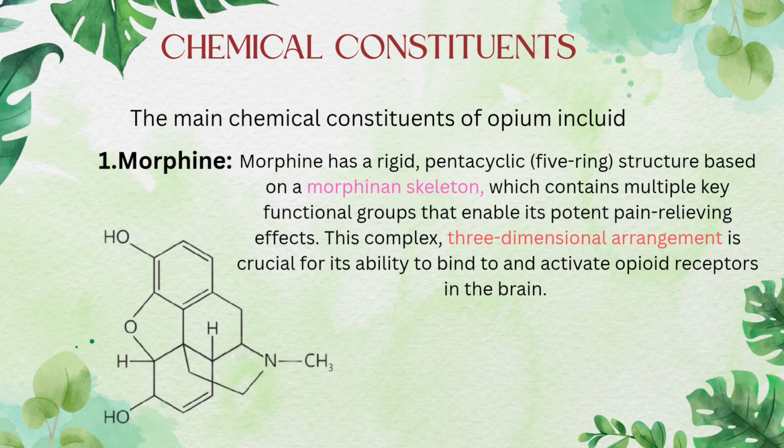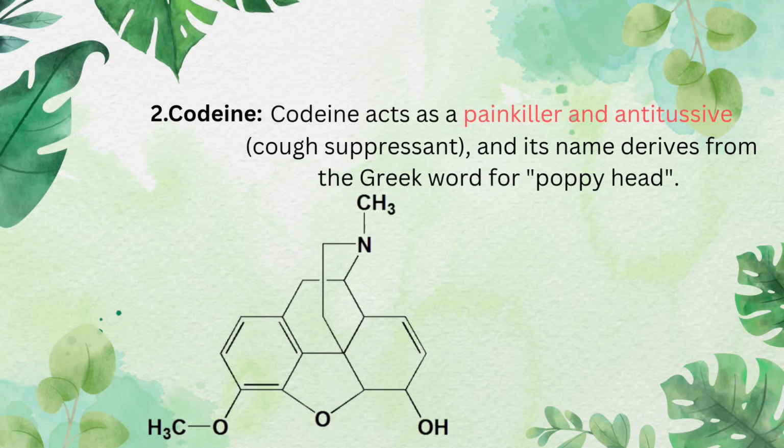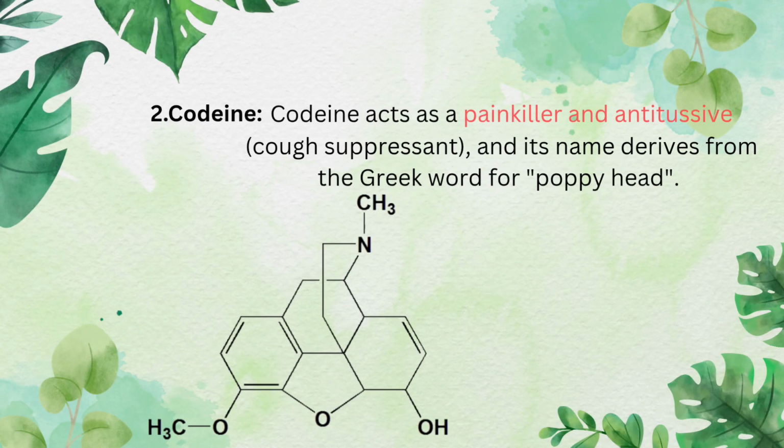This complex three-dimensional arrangement is critical for its ability to bind to and activate opioid receptors in the brain. Second is codeine. Codeine acts as a painkiller and antitussive, meaning cough suppressant, and its name derives from the Greek word for poppy head.